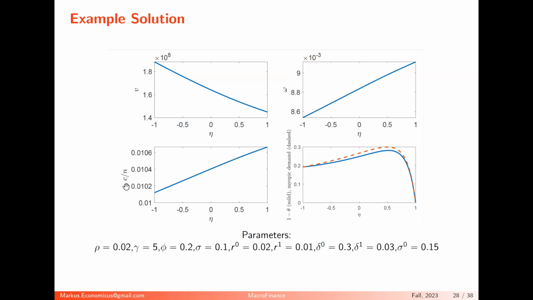If you have log utility, the consumption net worth ratio would be just rho. You would be just 2%. You take your total lifetime wealth and you consume 2% of it. Okay, permanent income hypothesis. But here it's different. When eta is low, you actually consume less, and if eta is high, you consume more.